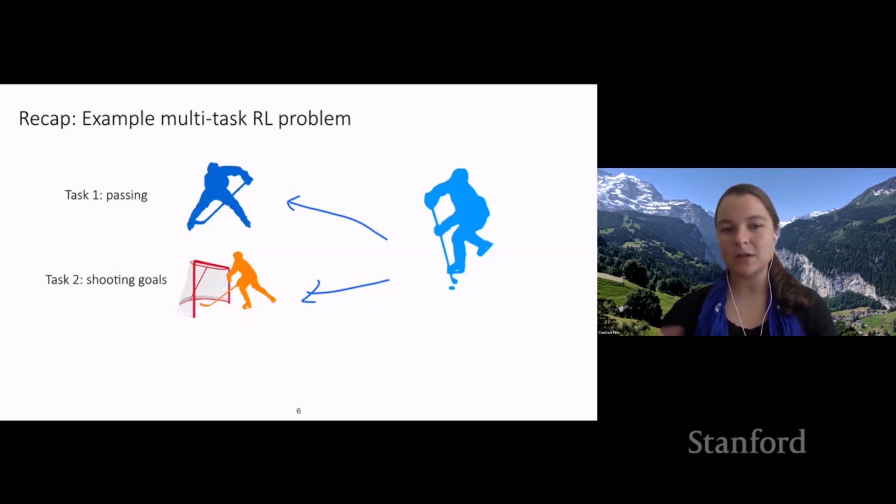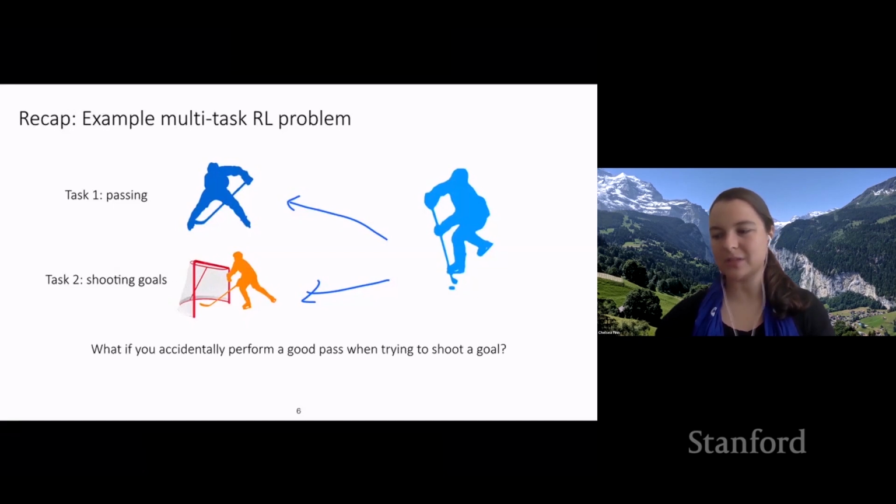Another reason for why it works is that if one task is easier than another task, it can help provide a little bit of a curriculum, because practicing that task will give you some reward signal for the correct solution, and that will allow you to explore in different ways, because you'll know how to solve that, and then when you solve that task, you'll accidentally solve other tasks, and so forth.